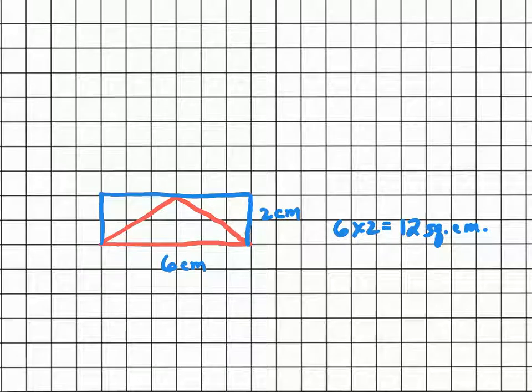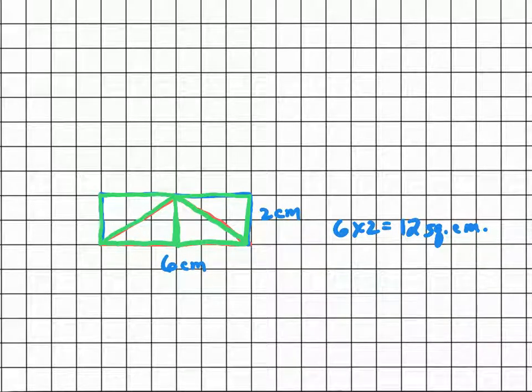But once again, I want you to notice that that triangle that I have is exactly half of that rectangle. If I were to take this section right here, that is exactly the same as what I just outlined in the green. Same thing if I did the other side. That is exactly the same as that.